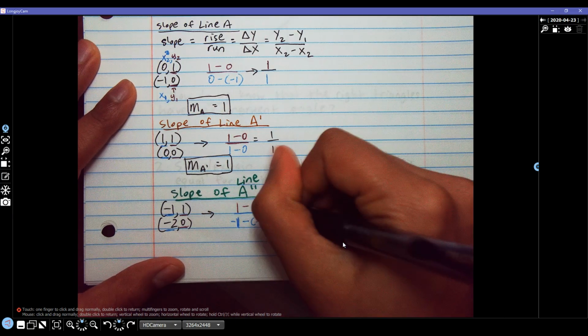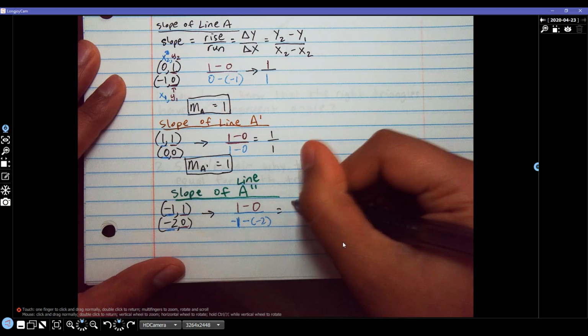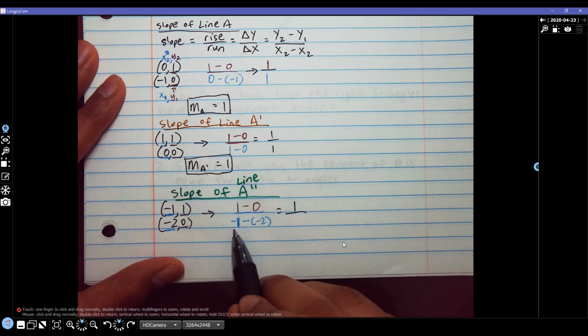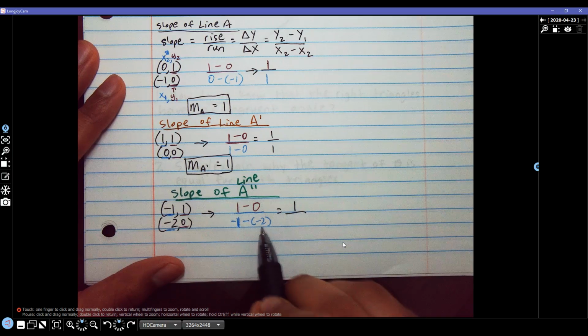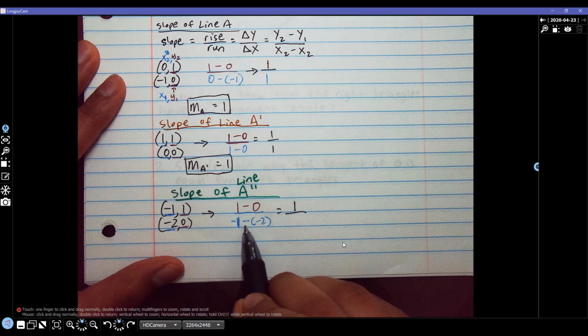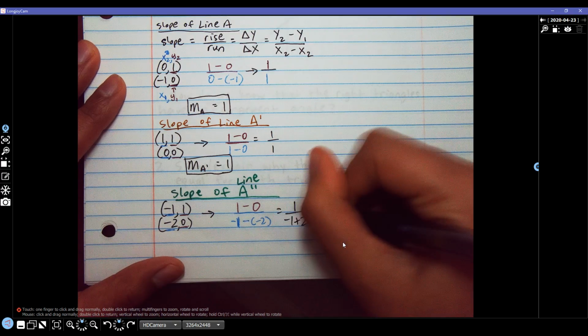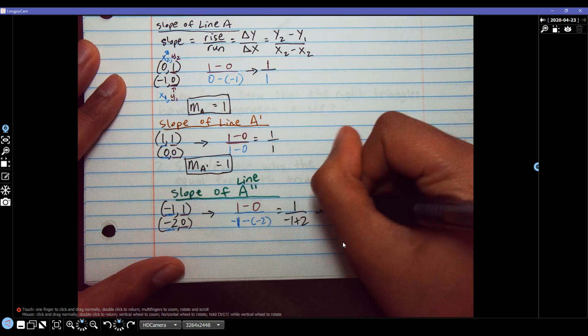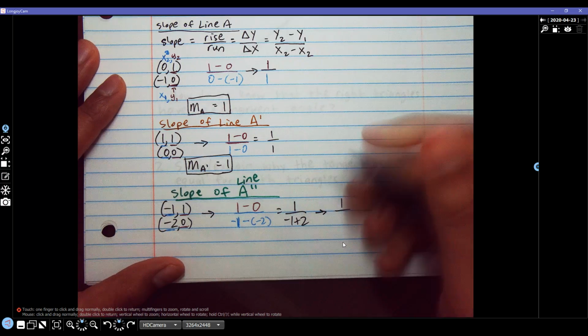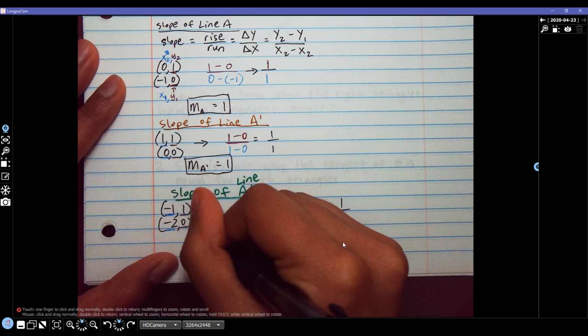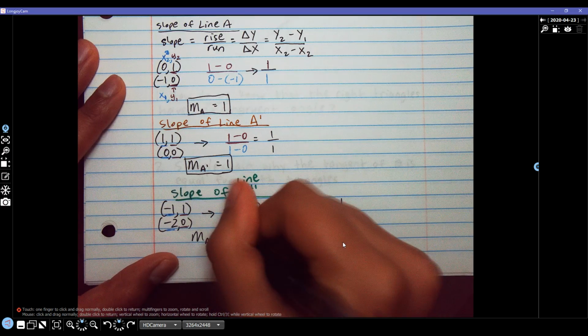So we've got 1 minus 0 on the top, which is 1, over, this one simplifies to -1 plus 2, again, we've got that subtracting a negative. So now we've got 1 over, -1 plus 2 is equal to 1. So the slope of line A double prime is also equal to 1.